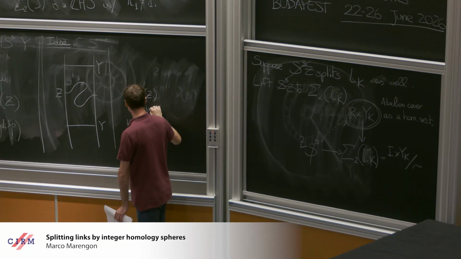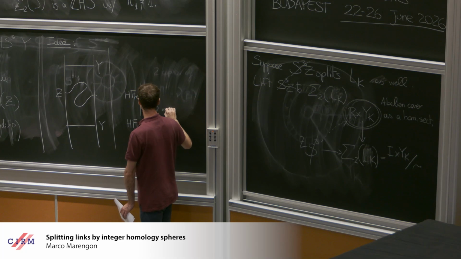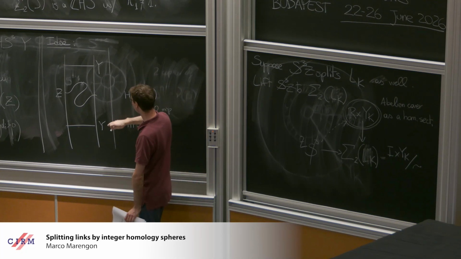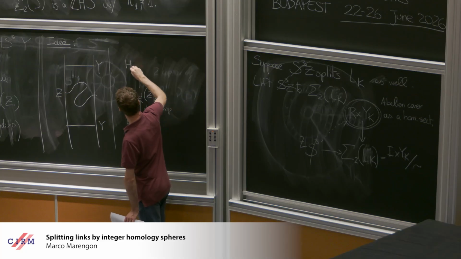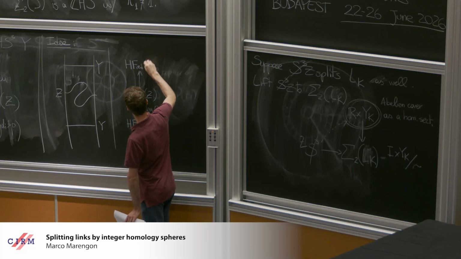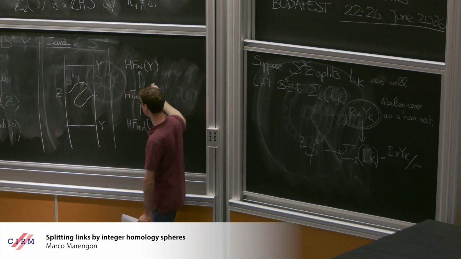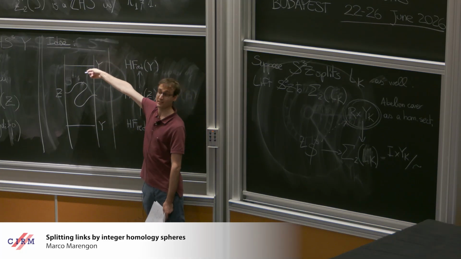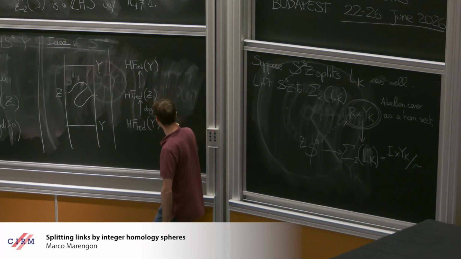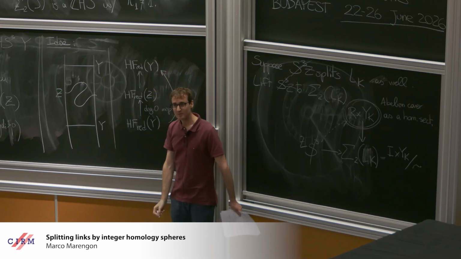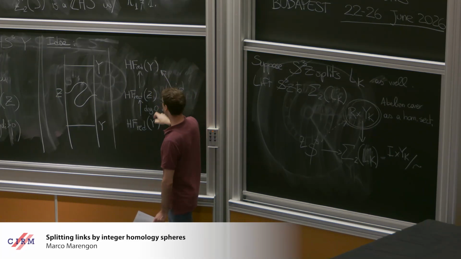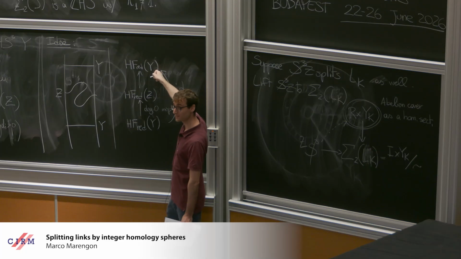And also it is a degree 0 map, so it preserves this grading. And then you have another map to HF red of Y with the same property. But now the composition of the two cobordisms is the identity cobordism. And the induced map by the identity cobordism is the identity map. So we have that the composition of these two maps is the identity.